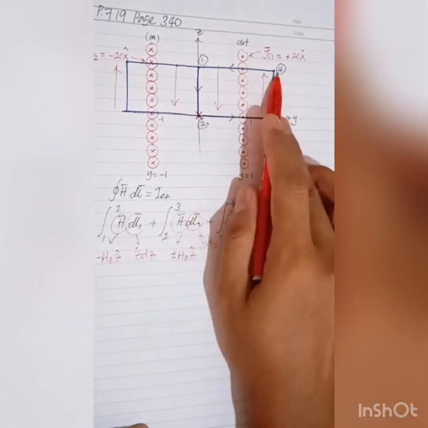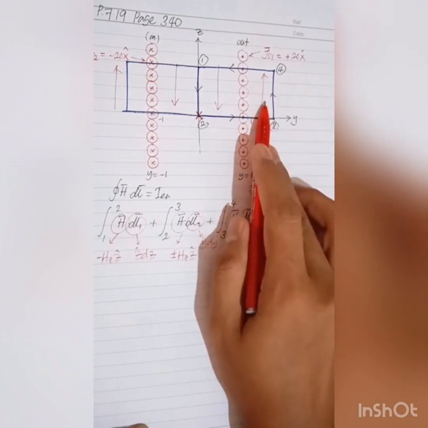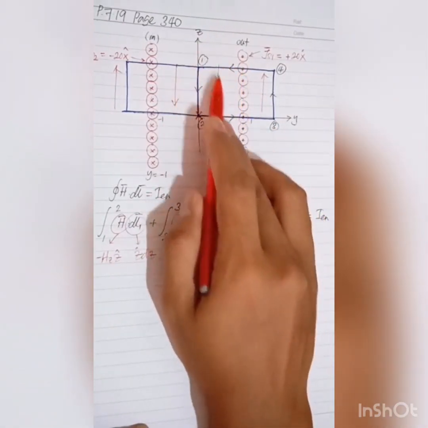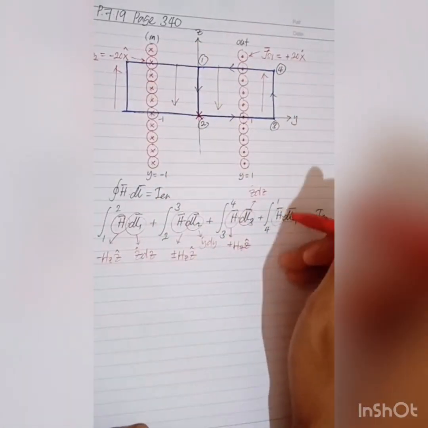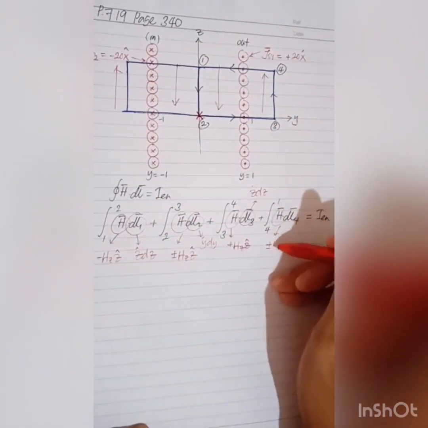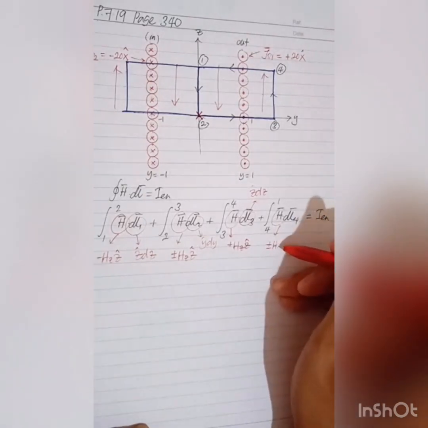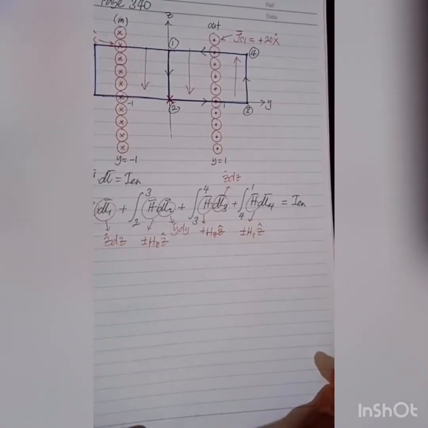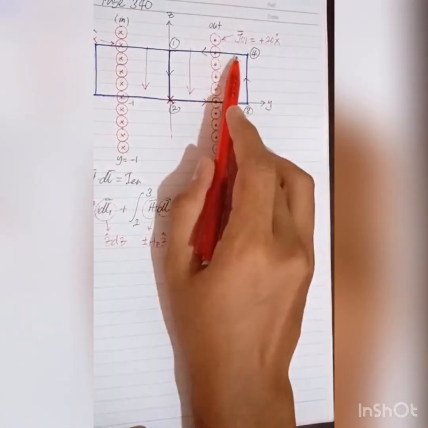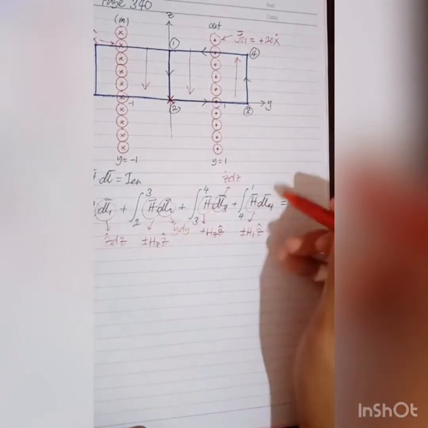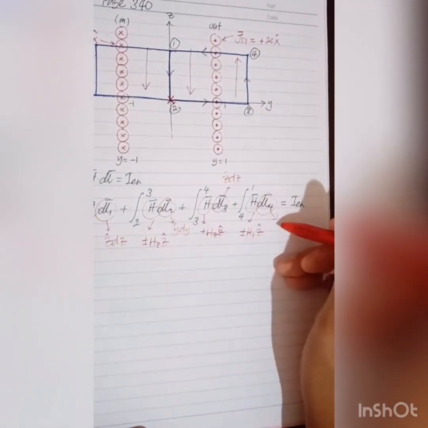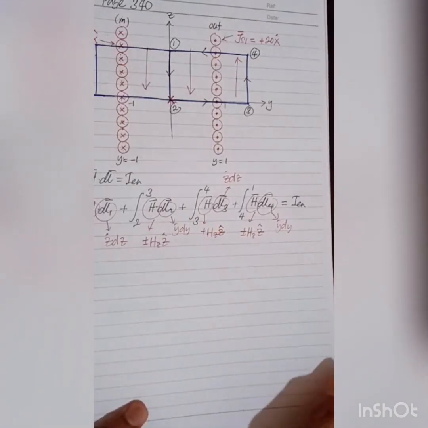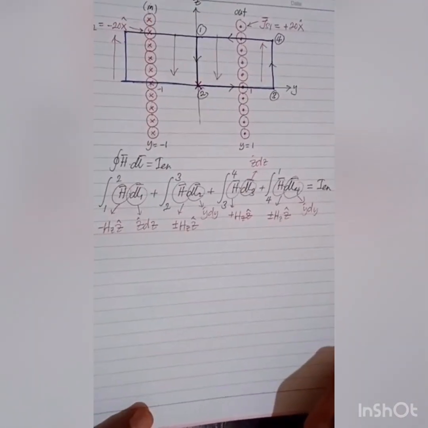The first one over here has positive Hz directions, and the other one over here has a negative H in the z direction, so you can simply change this H to positive, negative Hz in the z directions. And again the path here lies along the y-axis, so you can simply change this dl to dy. Agree?